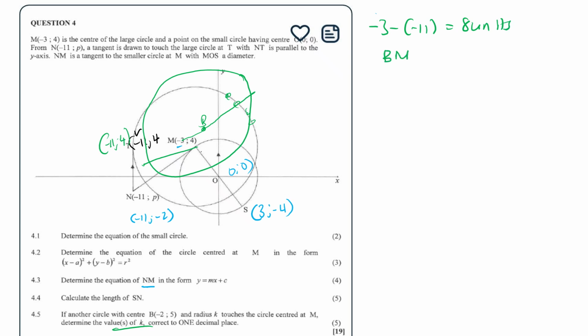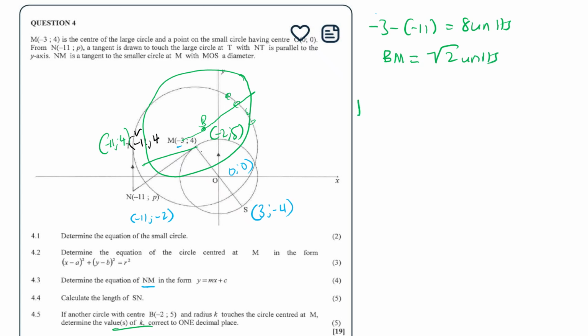we have to find the distance of BM. You can use the distance formula because you have the coordinates of B as minus 2 and 5, right? You are in grade 12. You can use the distance formula and you'll find your BM as root 2 units.